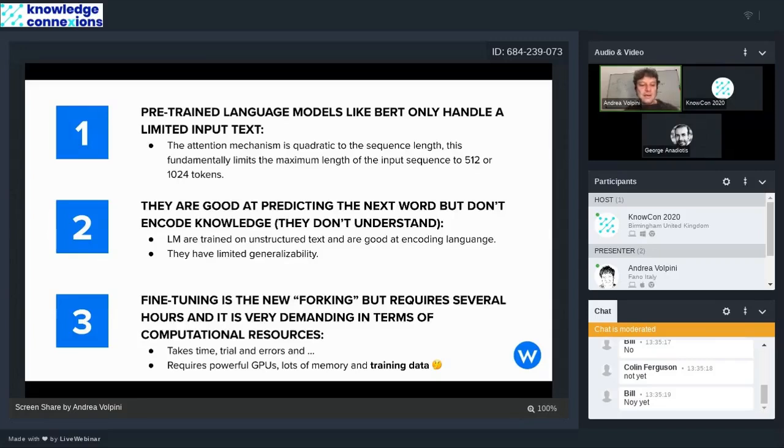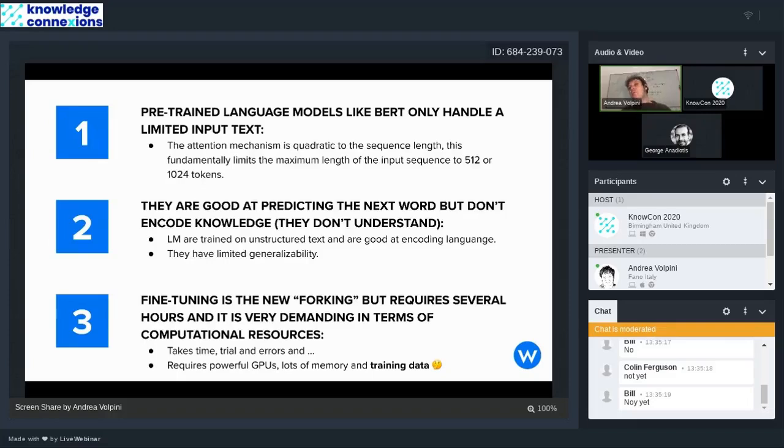Okay, so the first limit that we have when we use language models is that, until the recently announced models like BERT and others, and I think Microsoft has its own BERT-like model that uses a sparse mechanism, when you look at a model that is using the attention mechanism that prevailed among other techniques used for generating content, then you are dealing with a machine that can only take at every step a maximum of 512 tokens.